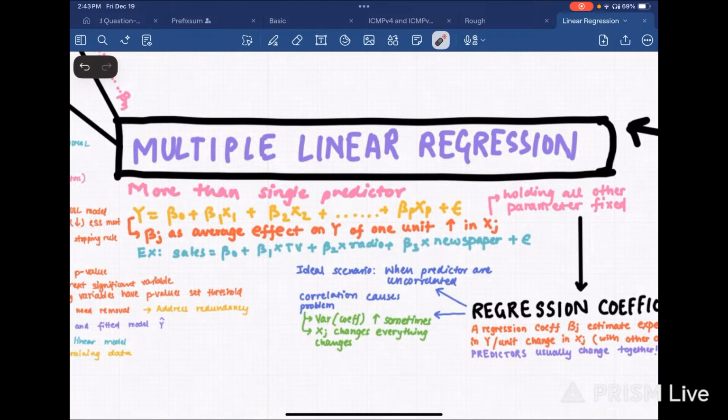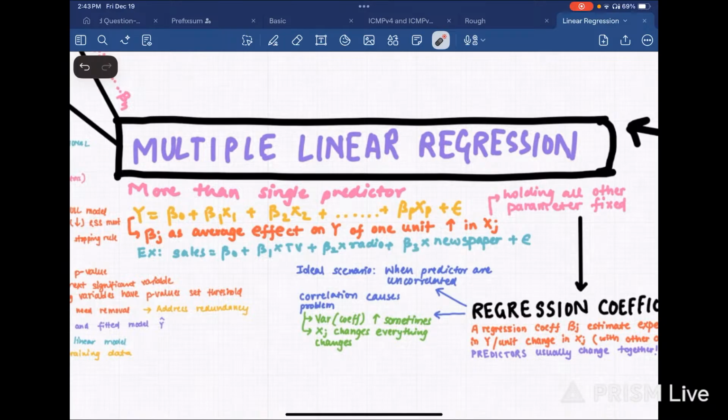Any bj has an average effect on y of a 1 unit increase in xj, holding all other parameters fixed. What this means is that if we take any predictor from this bunch, like b3 or b4, it has an average effect on y for a 1 unit increase in xj.